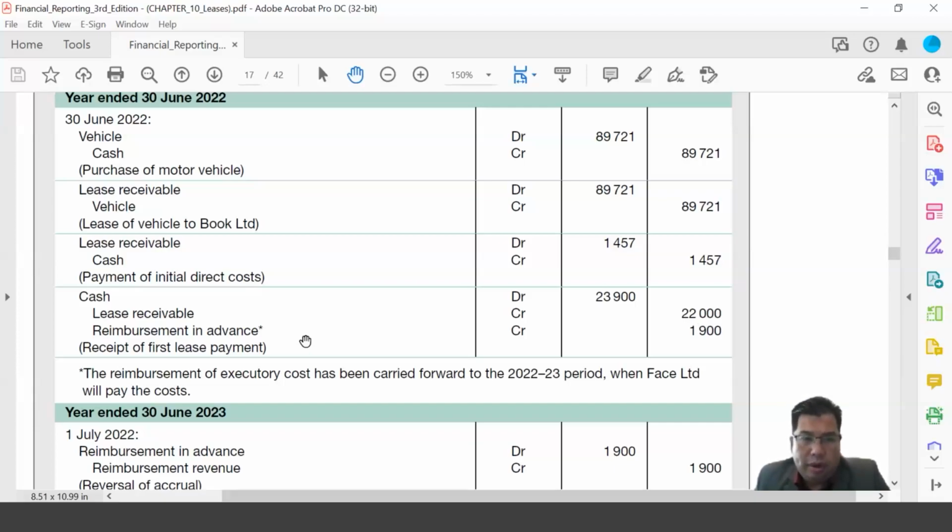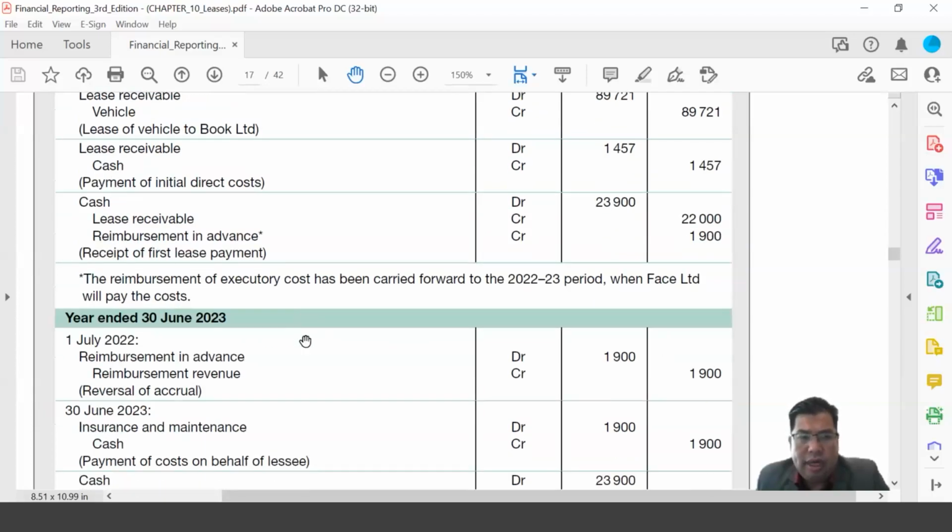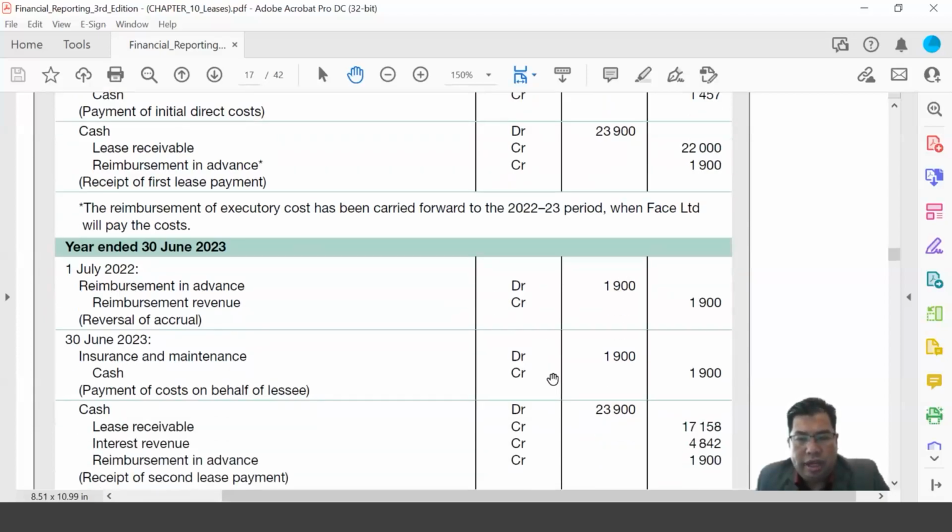So we put here under reimbursement in advance. That's the liability for the lessor. And then once you complete the process later on, you're going to transfer the liability as your revenue, and it continues like that.